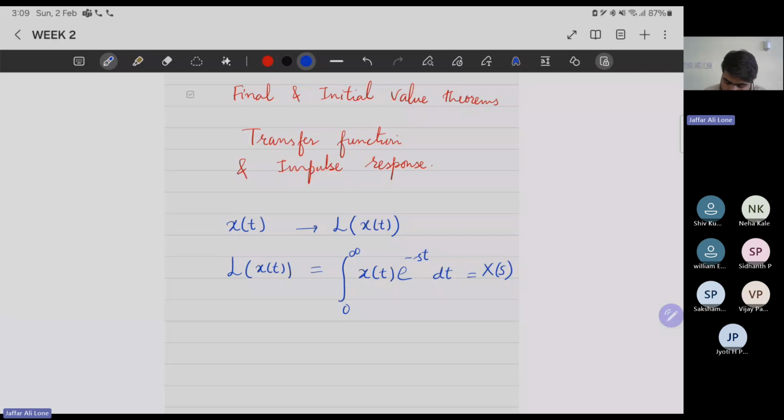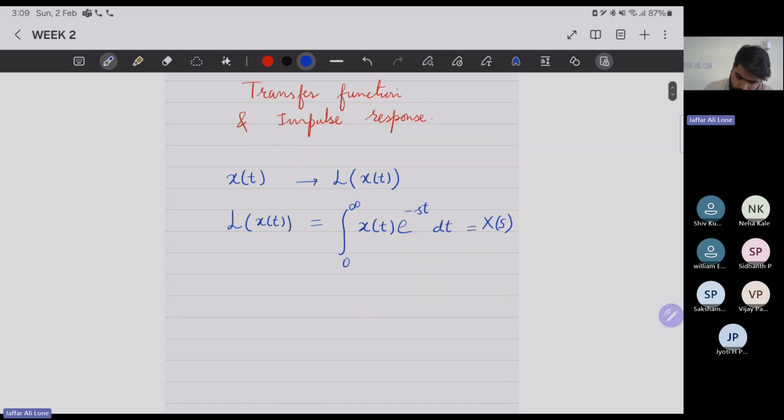Sometimes you'll see this limit starting from minus infinity to infinity, but it will be very well clarified whether you need to take minus infinity to plus infinity or 0 to infinity. Eventually, in real time, all signals are causal, so they will start from 0. That's why we use this unilateral Laplace transform, that is 0 to infinity.